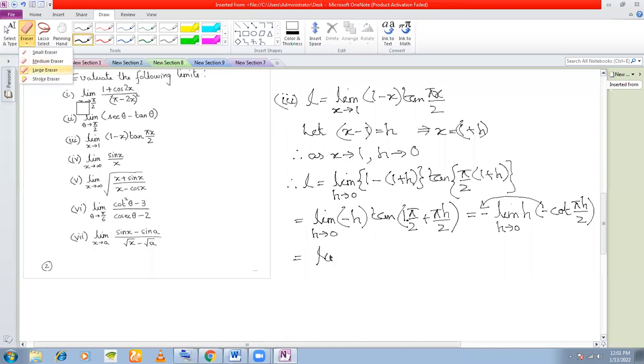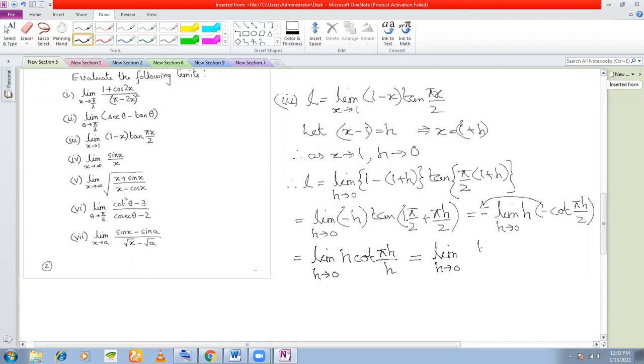So I can simply write limit h tends to 0 of h cot pi h by 2, right? Now you can change cot to tan, so this is h by tan pi h by 2, right?